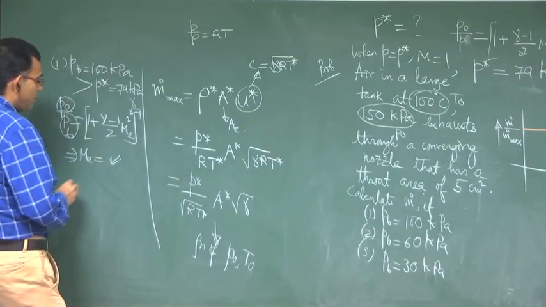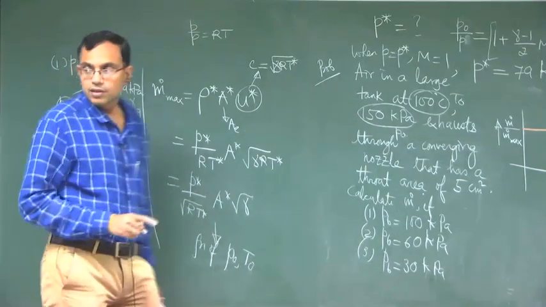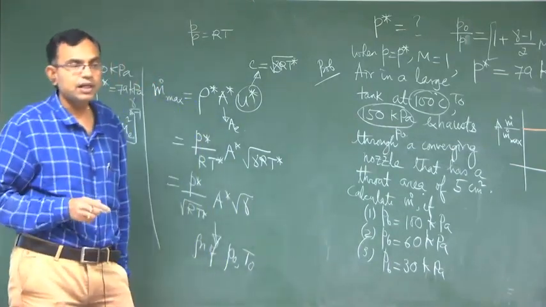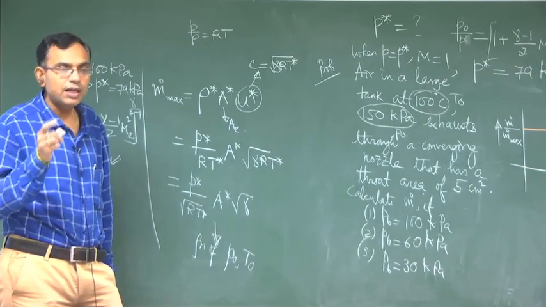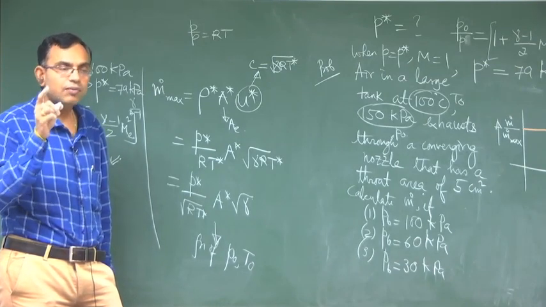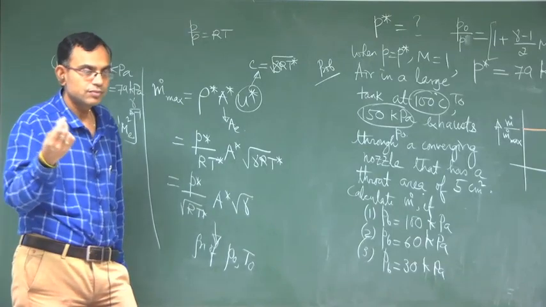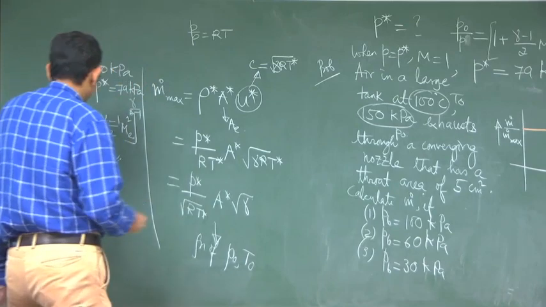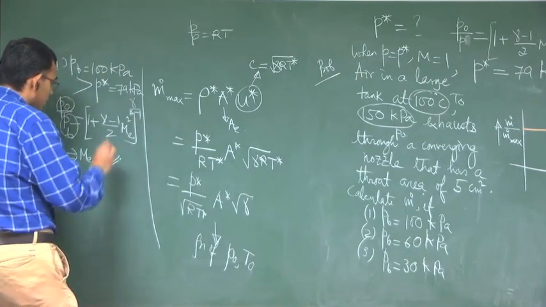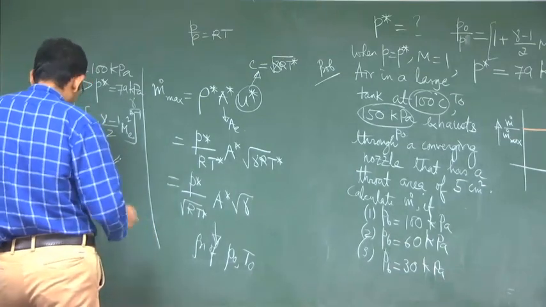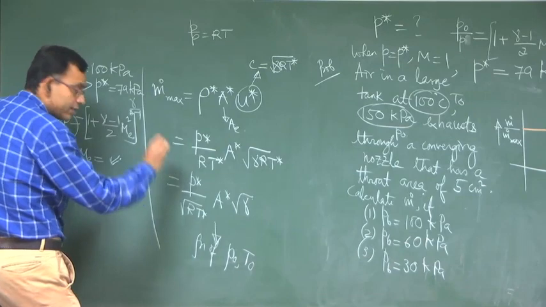So, then you have a formula. You also need the temperature, because if you know the temperature, then you can find out the sonic speed, and multiplying that with the Mach number you will get the velocity, and that velocity will give you the mass flow rate. That is the strategy. So, T0 by T is equal to 1 plus gamma minus 1 by 2 M square.